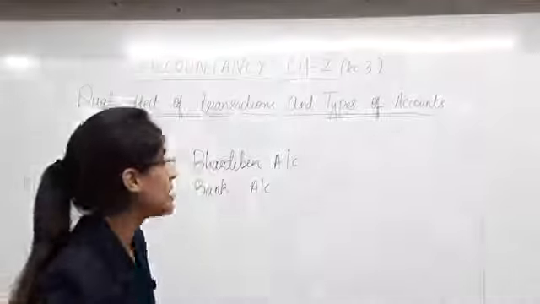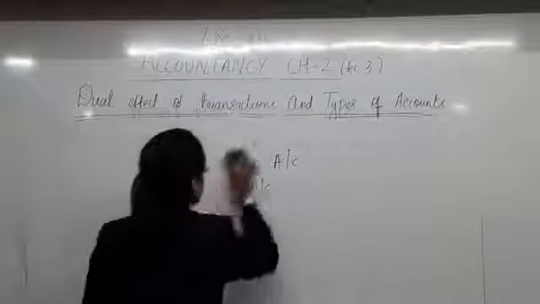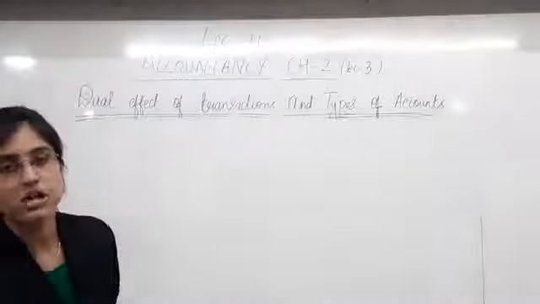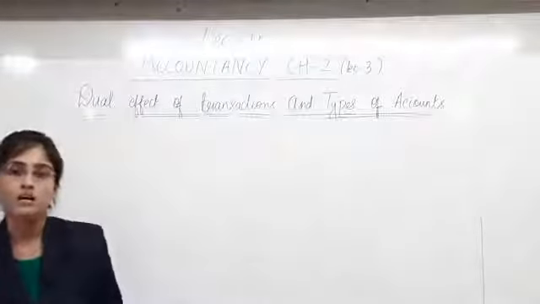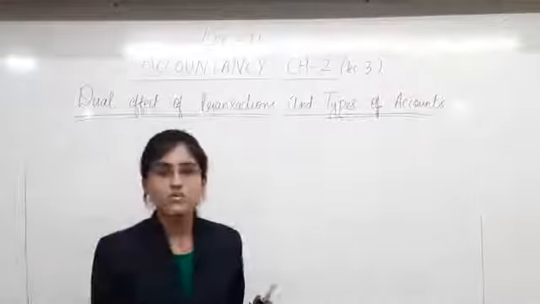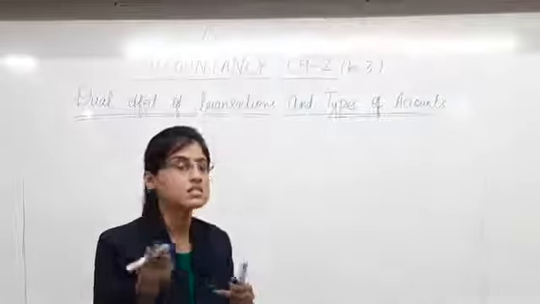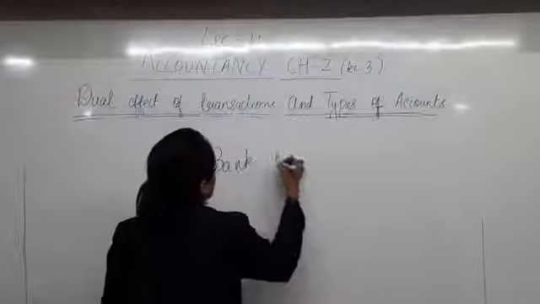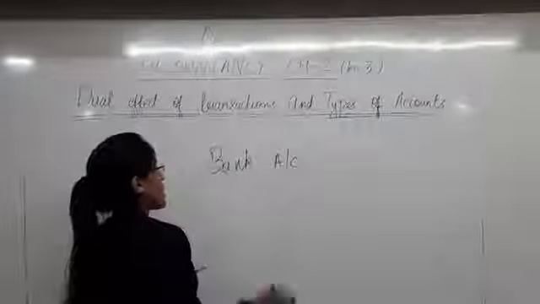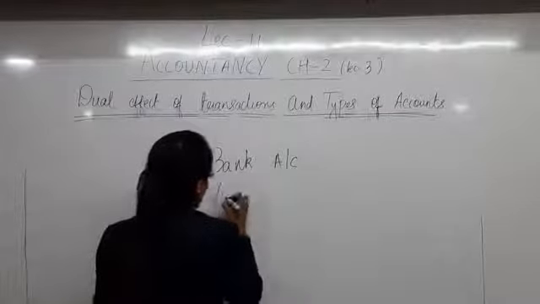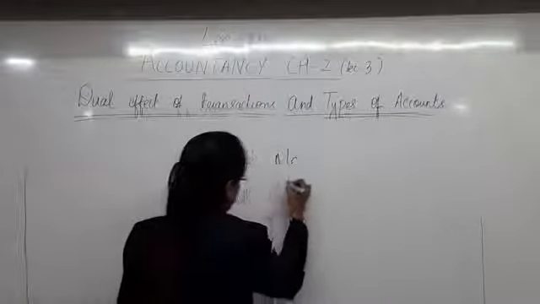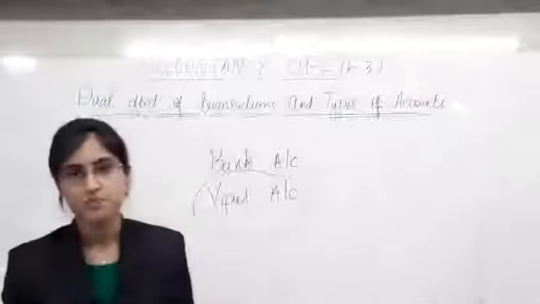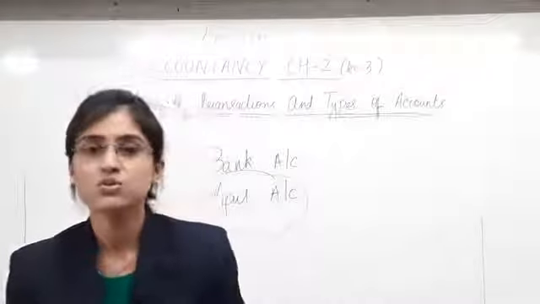Whenever a check is given or taken, if someone is giving you a check or you are receiving a check, the obvious effect out of the two effects is of bank. So the two effects for this transaction are bank account and Vipul account, of course, the person who is giving the check.